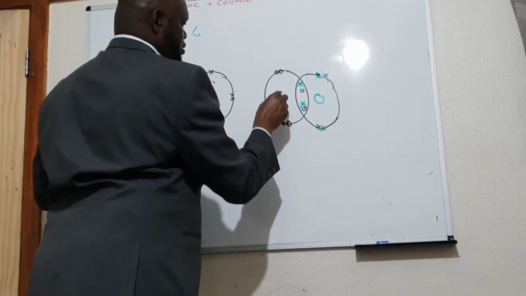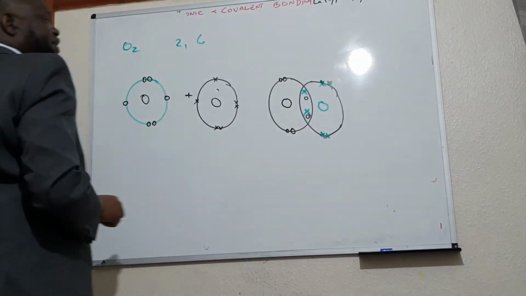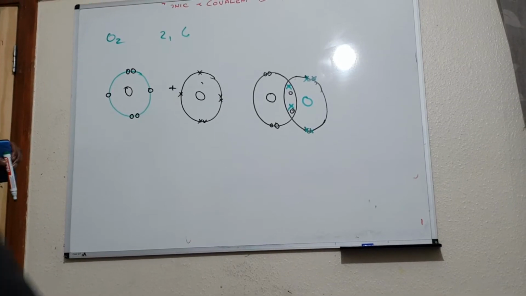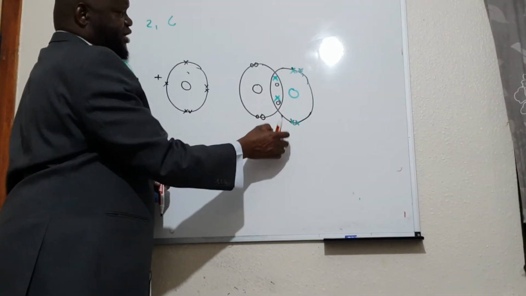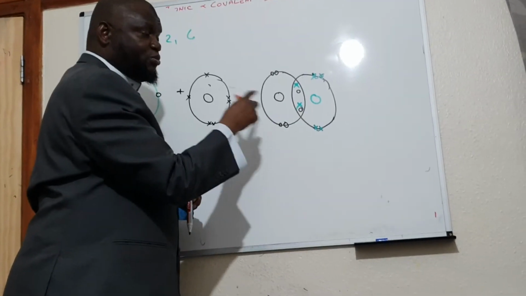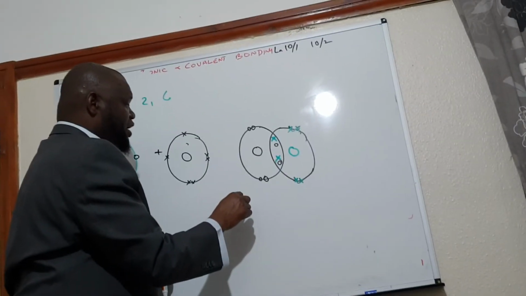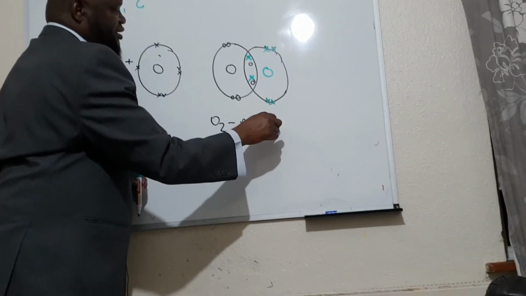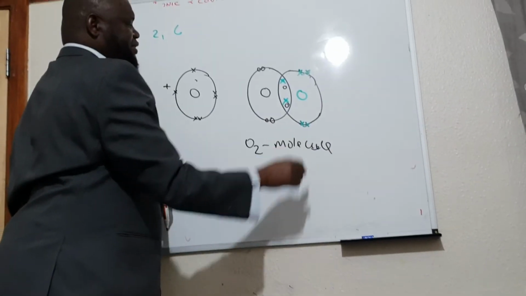That's another O. So this is how to depict a covalent bond, the sharing of electrons in the outer shell. It appears to have 8 electrons in the outer shell, for the noble gas configuration. This is called an oxygen molecule, with covalent bonding. This is one of the ways of representing it.